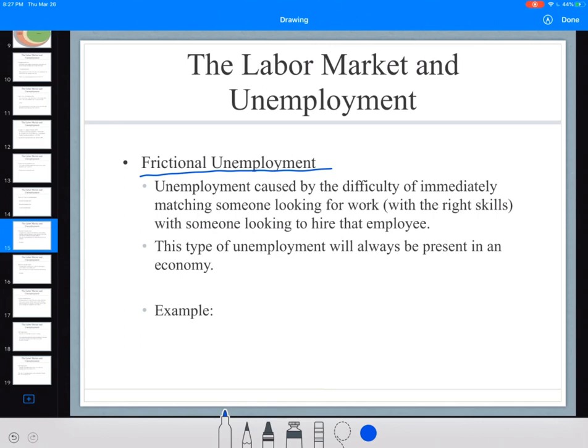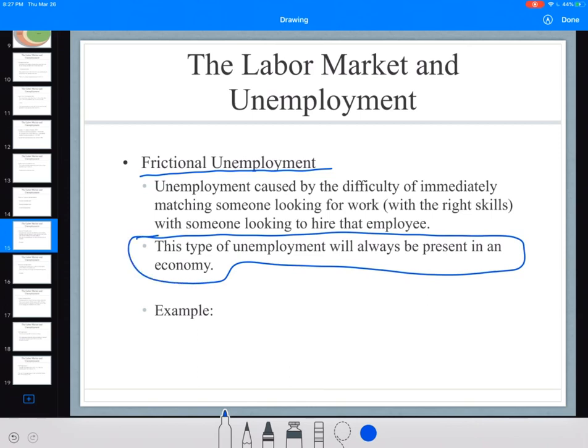So as the definition here says, it is the unemployment that is caused by just the normal difficulty of immediately matching someone who's looking for work, and again, they have the skills, they have the abilities, with someone who's looking to hire that employee, right? Just takes time. Maybe it's a couple weeks, maybe it's a month, maybe it's 2 or 3 months, okay? So as the second bullet says, this type of unemployment will always be present in an economy, right?